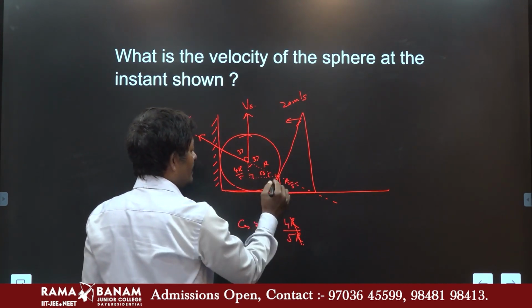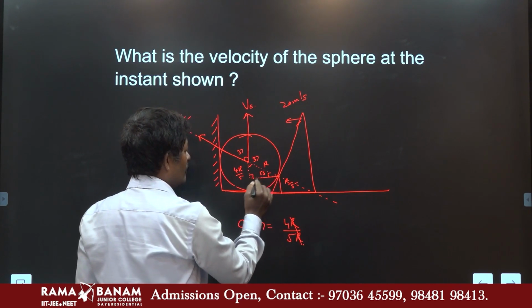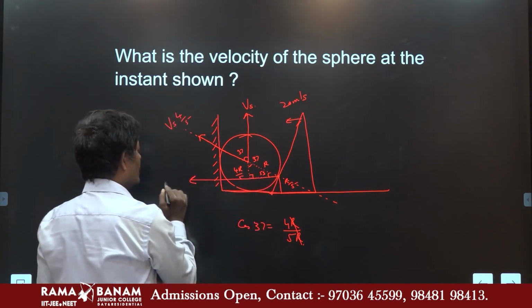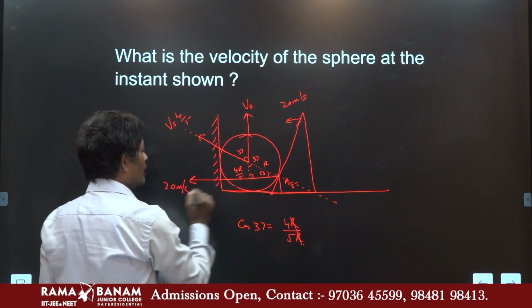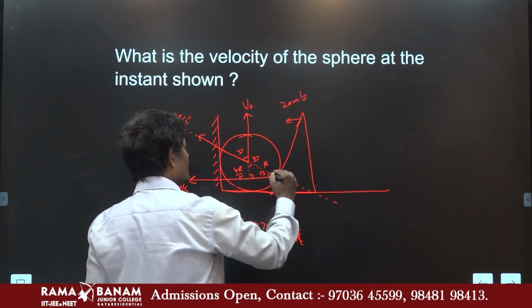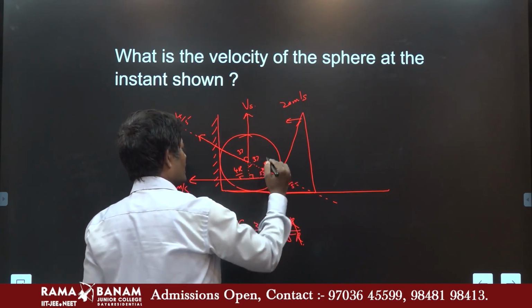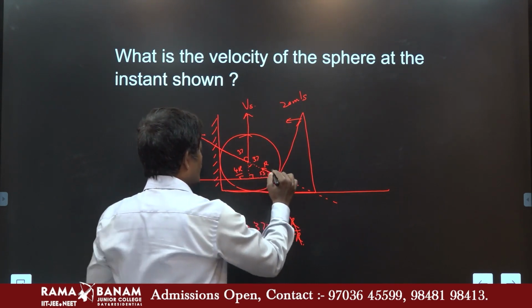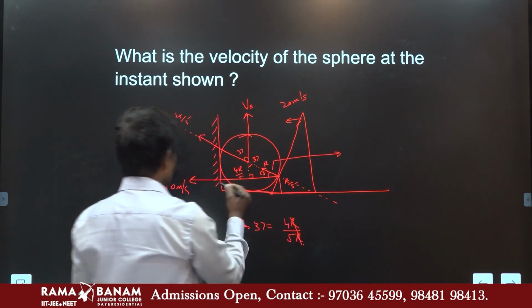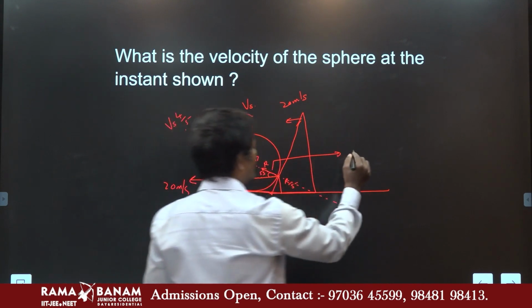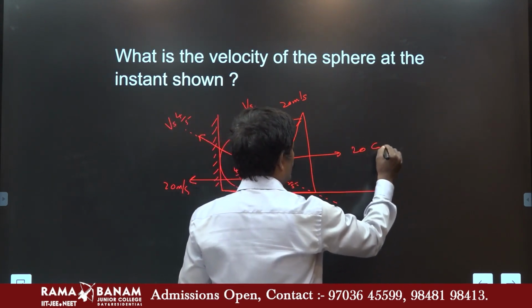Wedge is moving this side with 20 meters per second. What is the velocity in this direction? In this direction, I am writing it here, 20 cos 53.